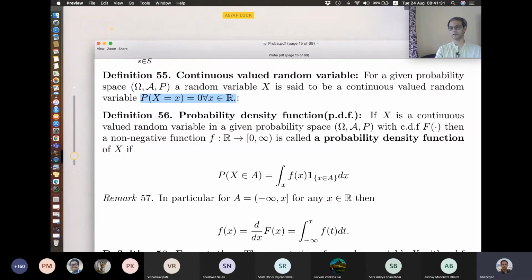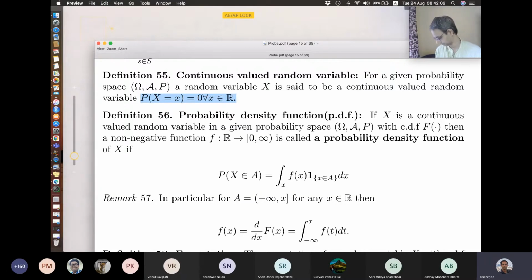So you can have a notion of probability density function. Here we have to clarify many things which are often confusing. So first of all, let me know what queries you have. One by one, whatever I have to say, I will say, and whatever your queries, I will try to answer. So from this definition of continuous valued random variable and probability density function, what are your queries?